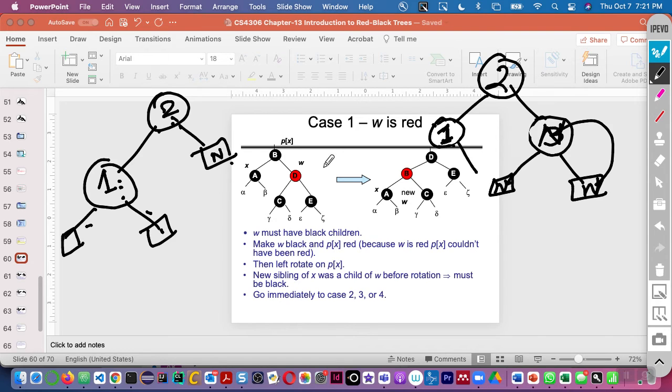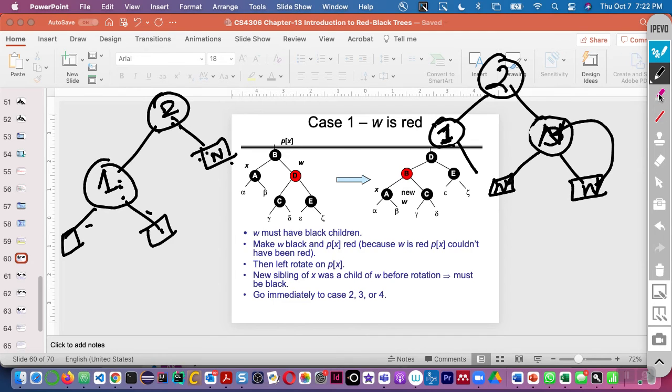Okay. So then now, in order to make it a red black tree, what do we need to do? We need to do some recoloring. So which one do we recolor? Its sibling, right? We are going to recolor its sibling.